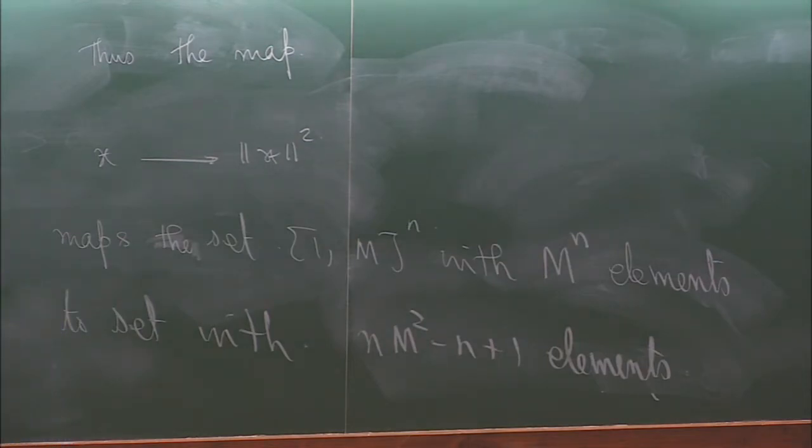So it maps this many elements to a set with this many elements. So the pigeonhole principle says that the cardinality of the fiber of this map for some value must be large.